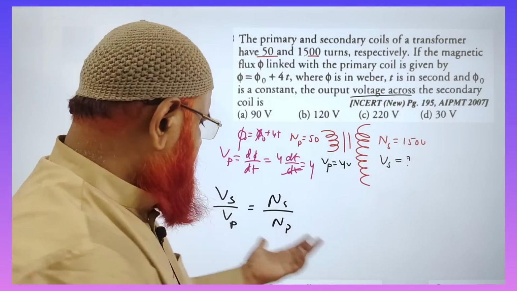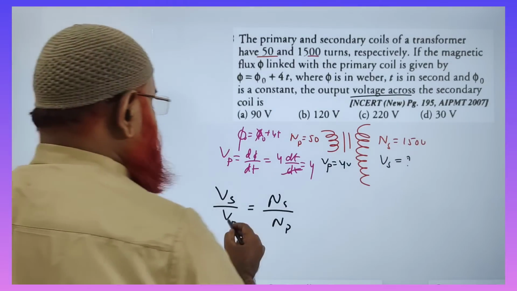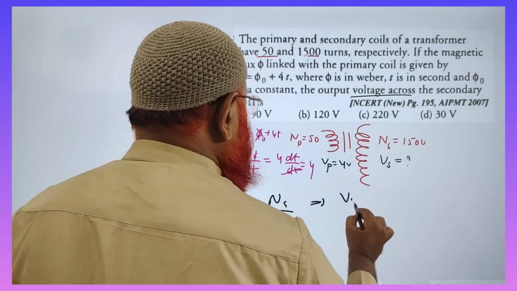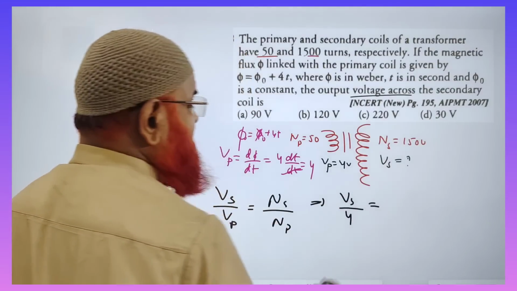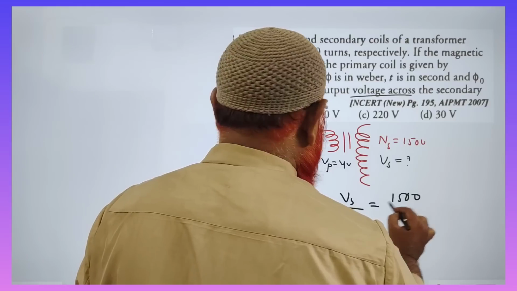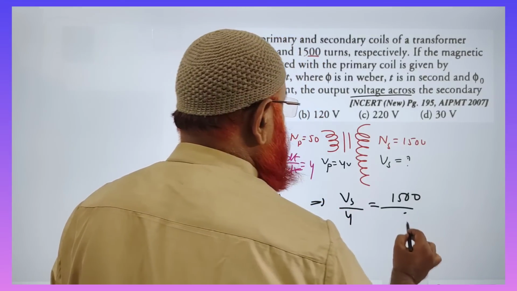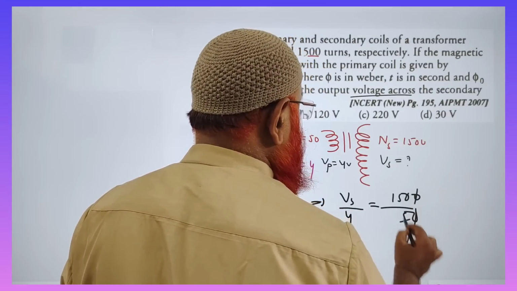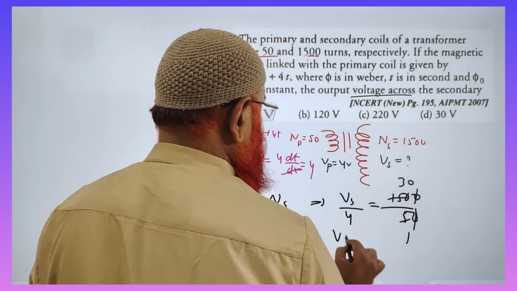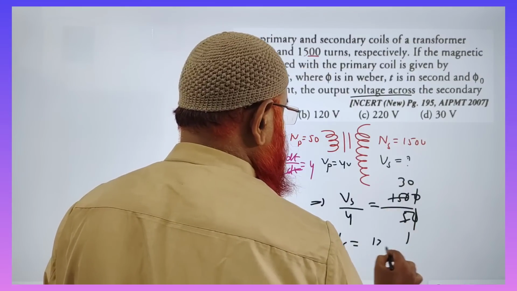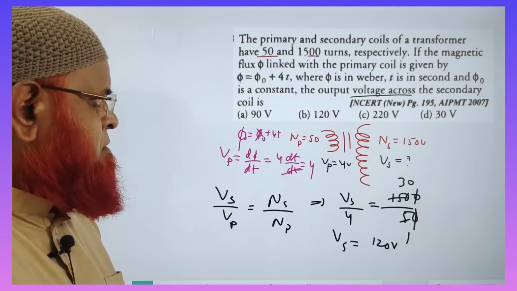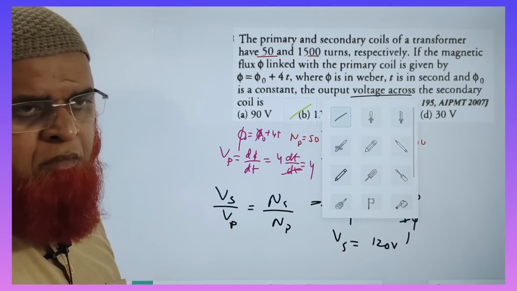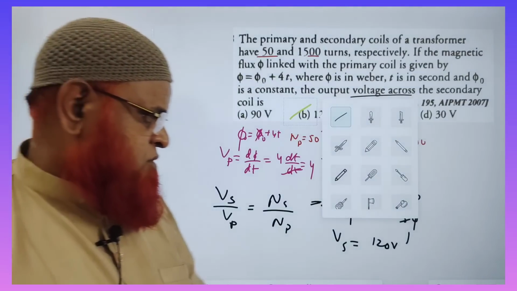So the voltage at the secondary is the voltage at the primary, 4, times the number of turns, 1500, divided by 50. Okay? Is it understood?